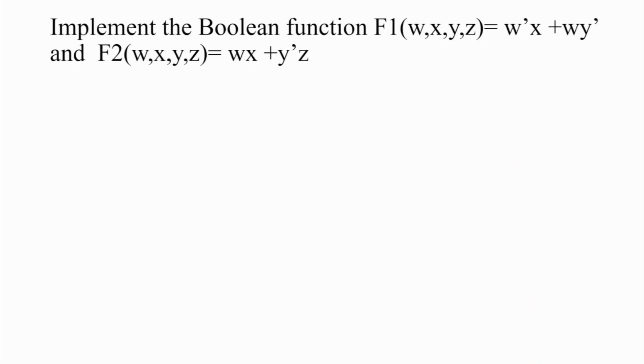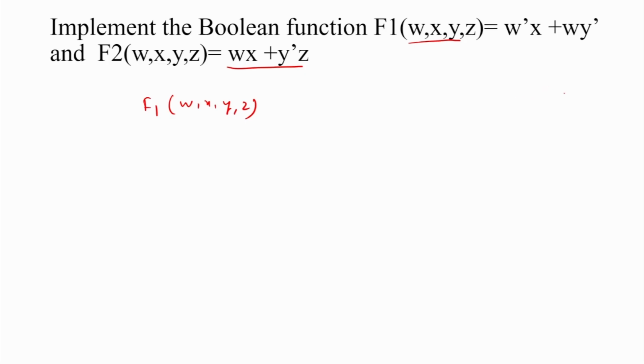Now let us take an example: implement a Boolean function f1 of w x y z equal to this, and another Boolean function f2 equal to this. When we implement the Boolean function w complement x plus w y complement, and f2, first we write both functions in standard SOP form. The f1 is written in standard SOP form.